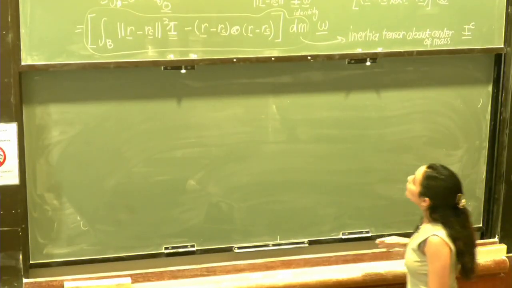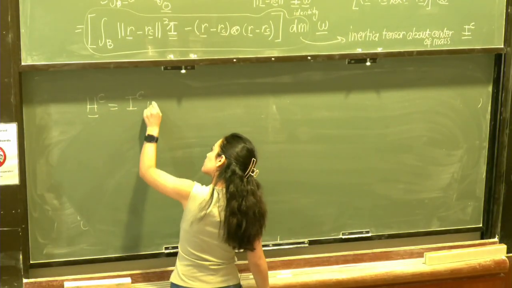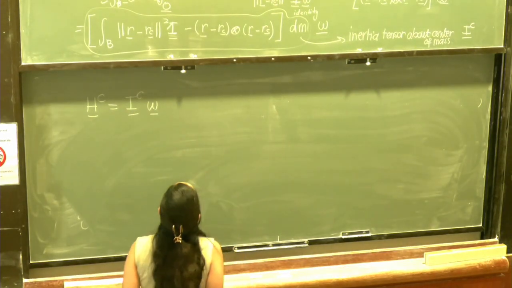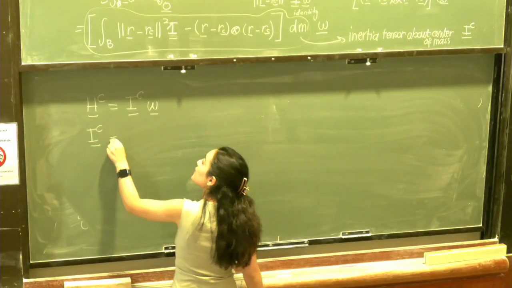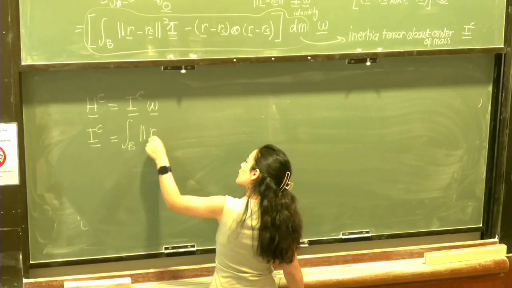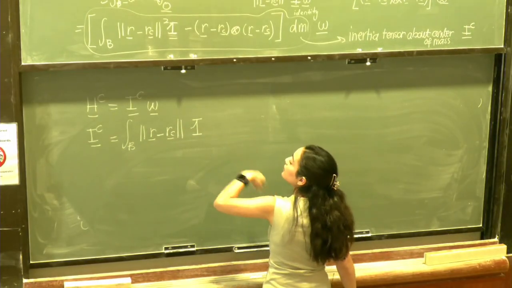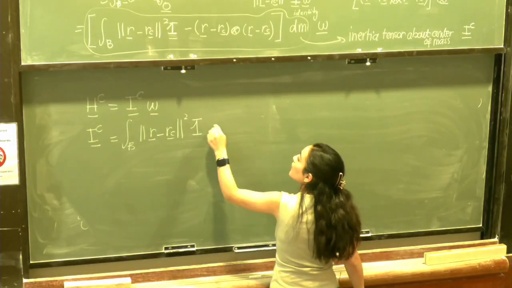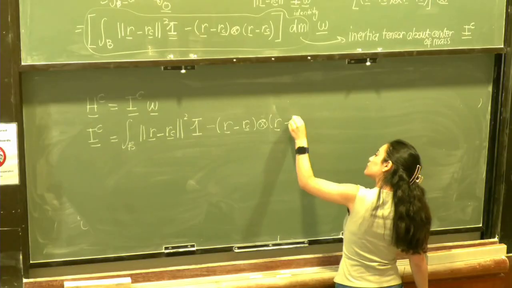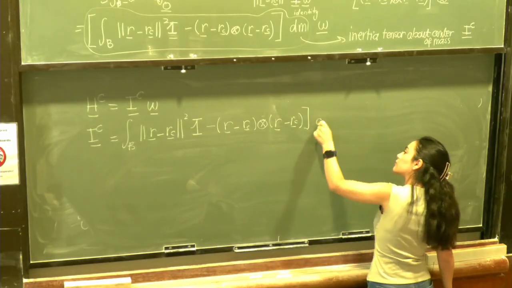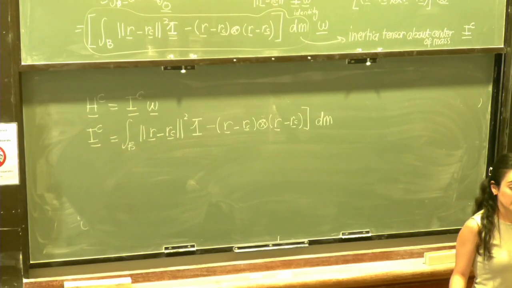I can say that HC is equal to IC omega, right, where IC is equal to the integral over the body of R minus RC times the identity squared minus R minus RC. Notice that the inertia tensor only depends on the geometry of the body, right? It does not depend on the motion.